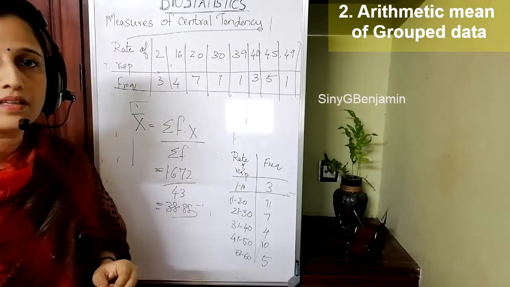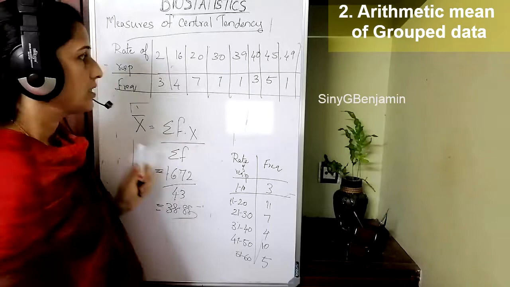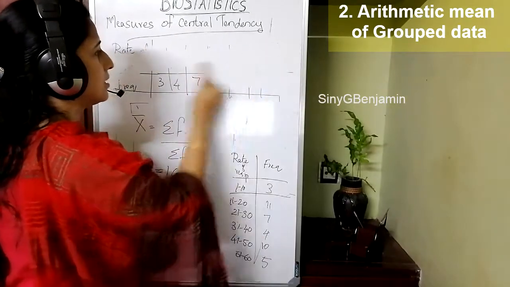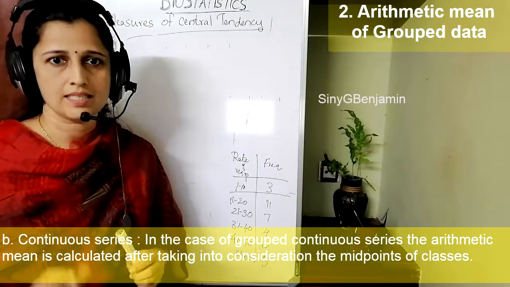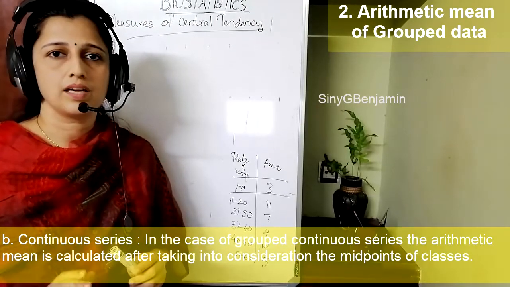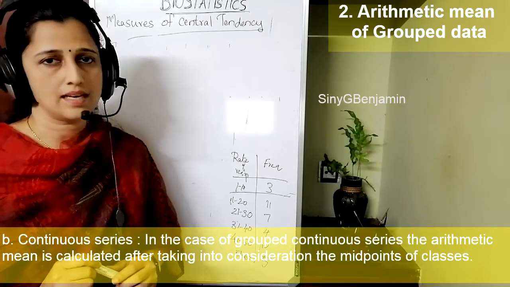Now let's see how to find the arithmetic mean of data with a continuous series. In the case of a grouped continuous series, the arithmetic mean is calculated after taking into consideration the class interval.